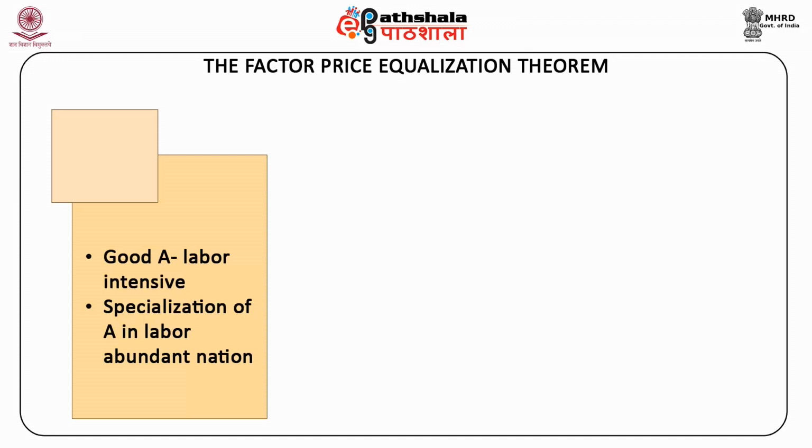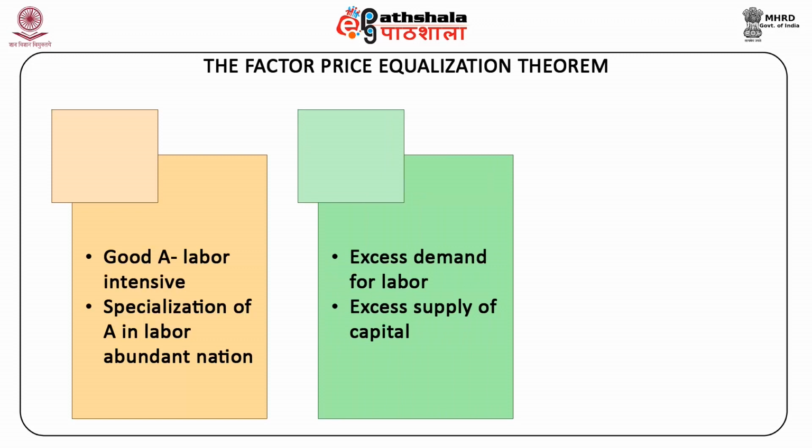The resources will come from the capital-intensive product, whose production will decrease with specialization in good A. The capital-intensive product will release relatively more capital and less labor than is being demanded by the expanding production of the labor-intensive product. The consequence is an excess demand for labor and an excess supply of capital.